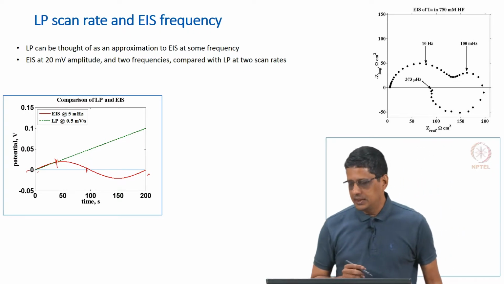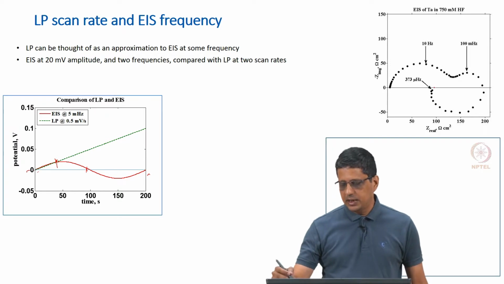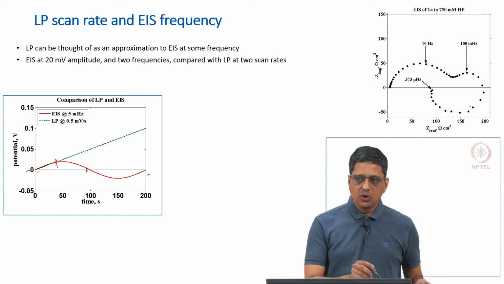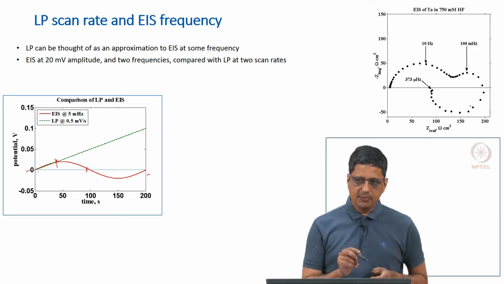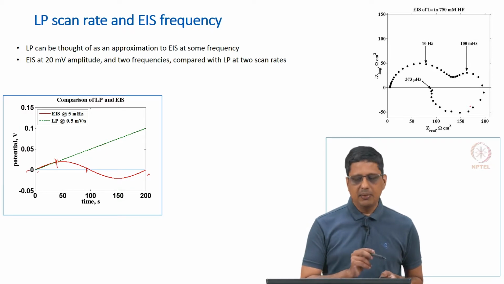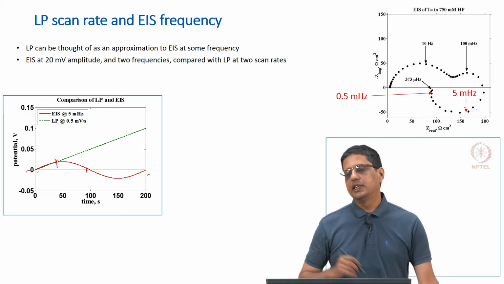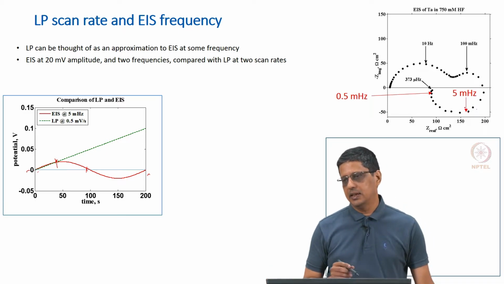EIS at 5 millihertz, this is 0.3 millihertz, 5 millihertz comes somewhere here. So, if I do linear polarization experiment at 0.5 millivolts per second, that is similar to doing EIS at 5 millihertz, and at 5 millihertz this data has not settled, it has not come to the real axis.